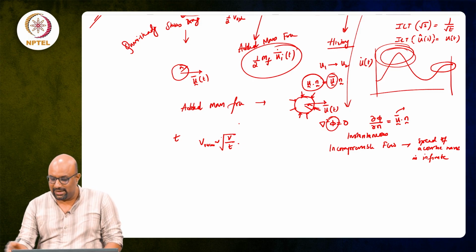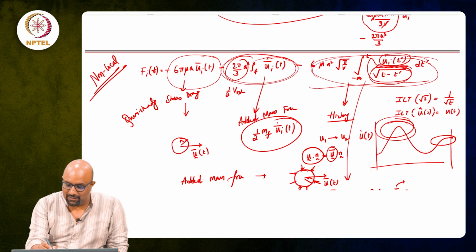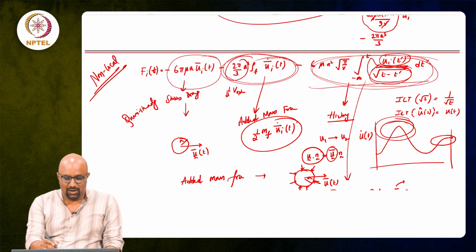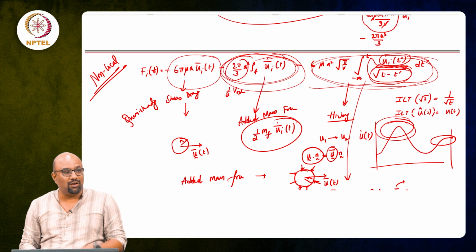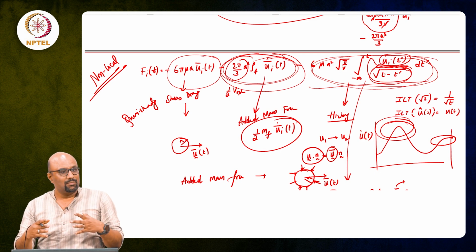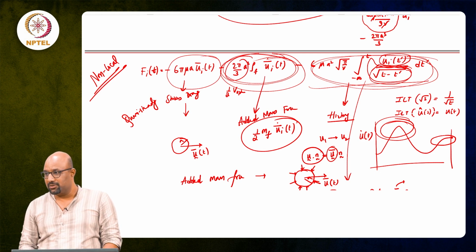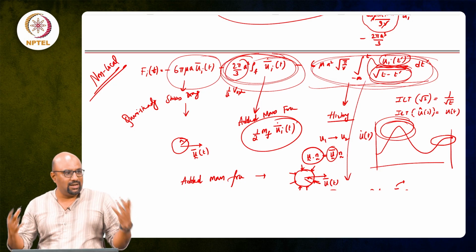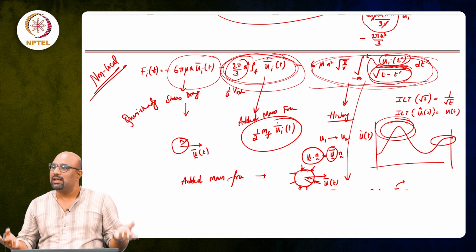So, that is the reason why you have a non-local term coming from your viscous effects, whereas the added mass term you can think of in terms of satisfying the no penetration boundary condition, which you could have done also in the inviscid problem. And there we know that if it is an incompressible fluid, information propagation happens infinitely fast, because you are inherently saying that the fluid being incompressible implies that the speed of sound in that medium is infinite.